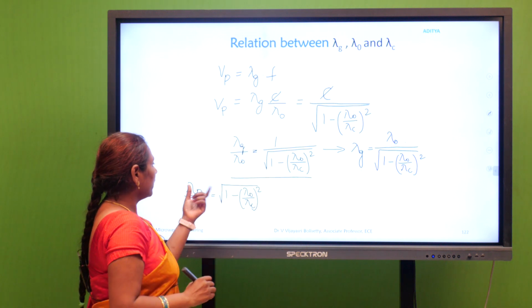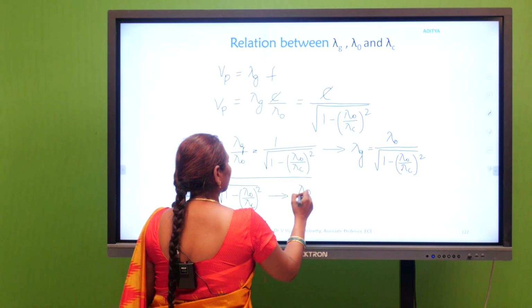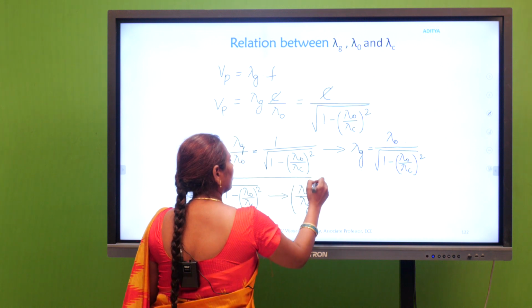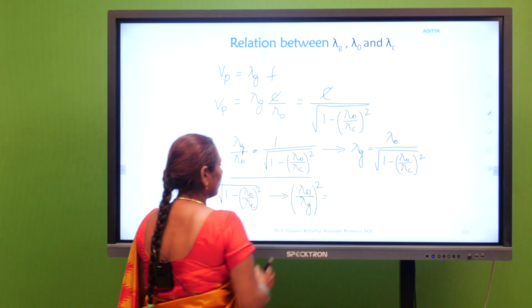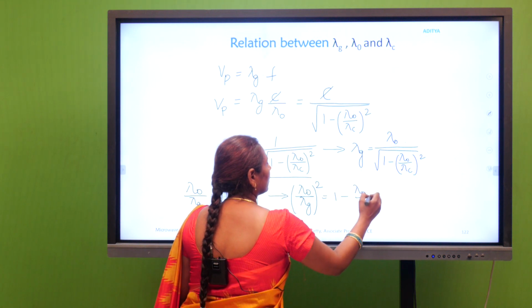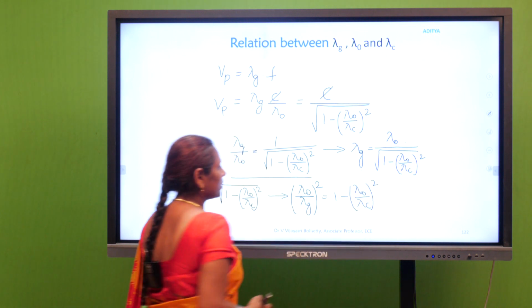Let us square on both sides. So lambda naught by lambda g whole square is equal to 1 minus lambda naught by lambda c whole square.